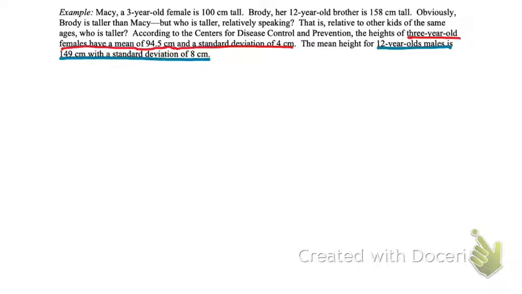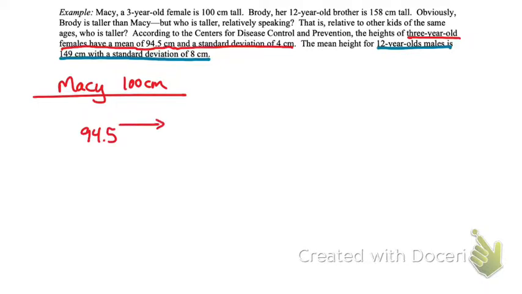And so let's look at Macy for a second. Macy is 100 centimeters tall. Now, kids that are 3 years old, female, similar to her, they have an average height of 94.5, give or take 4 centimeters on average.